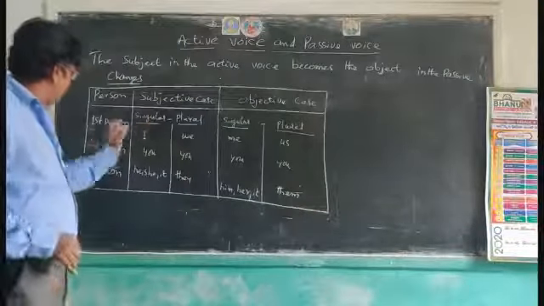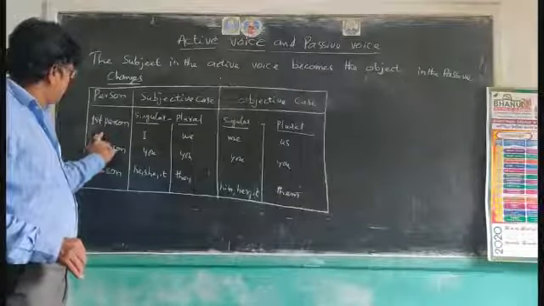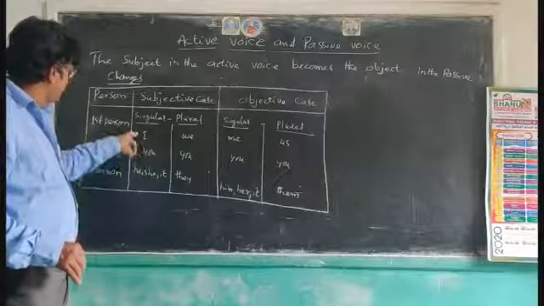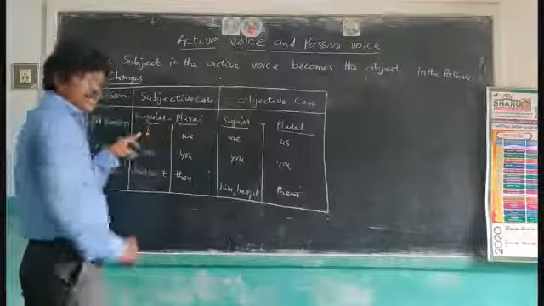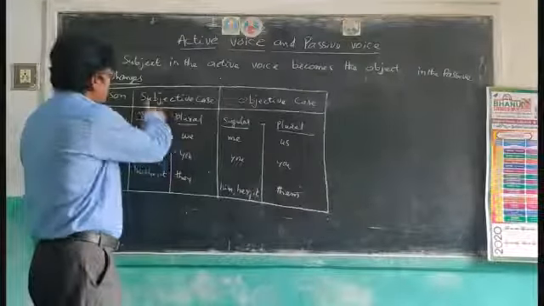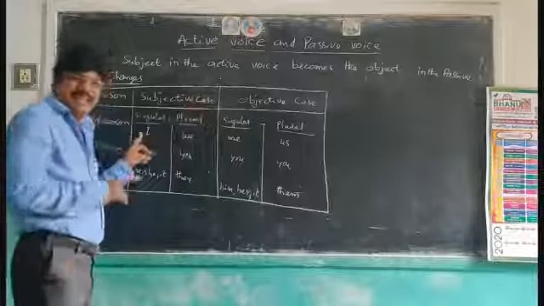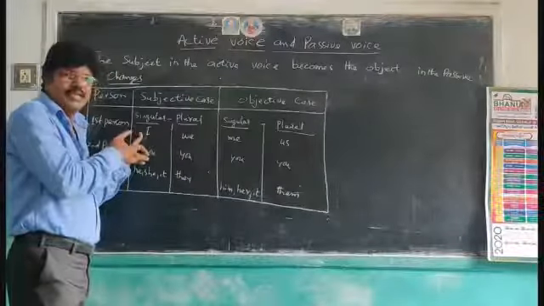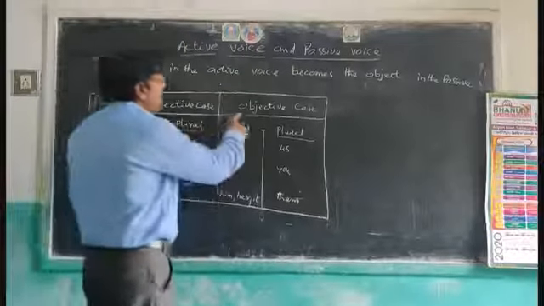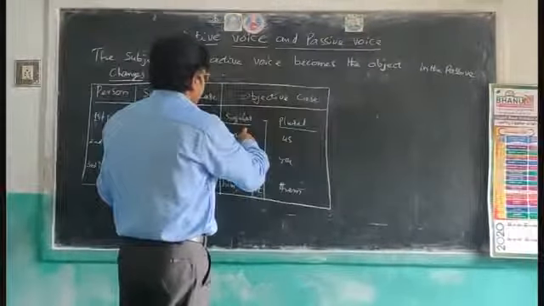Here, first person singular is I in the subjective case. How to change I in the objective case?